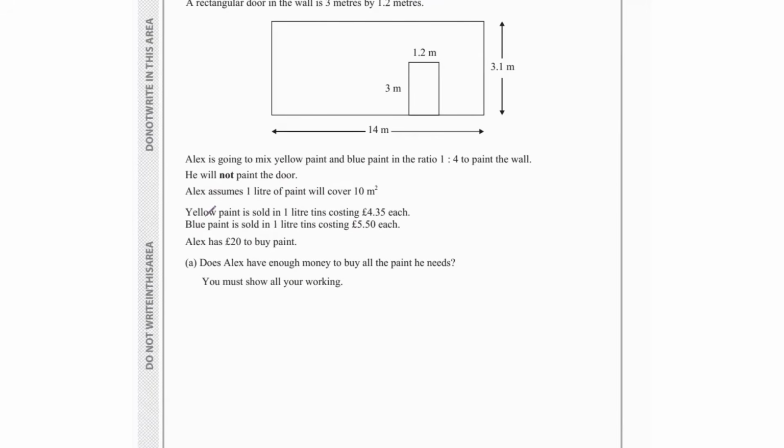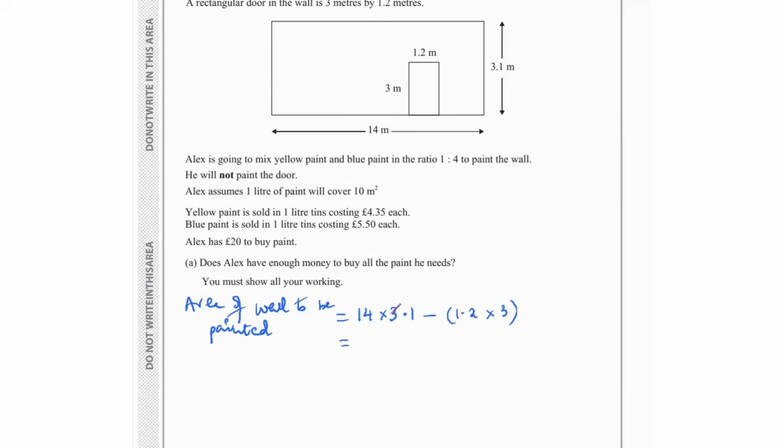Let's first find the area that he's going to paint. Area of wall to be painted. That's going to be area of the wall minus area of the door. So 14 times 3.1 minus 1.2 times 3.